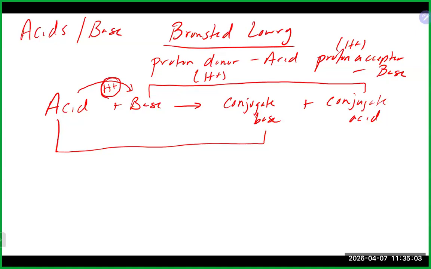As you go from the acid to the conjugate base, it will have one less H plus as it has given it away. And as you go from the base to the conjugate acid, we'll end up with one more H plus as it accepts it. And again, it can only be that one H plus difference for them to be related to each other in that sense, which we talked about a little bit last time as well.